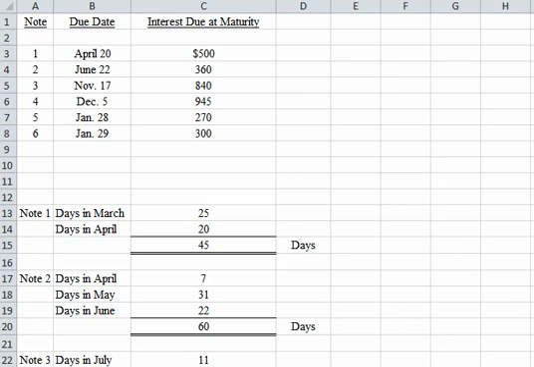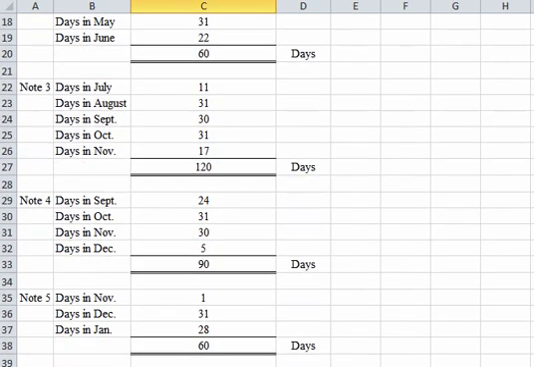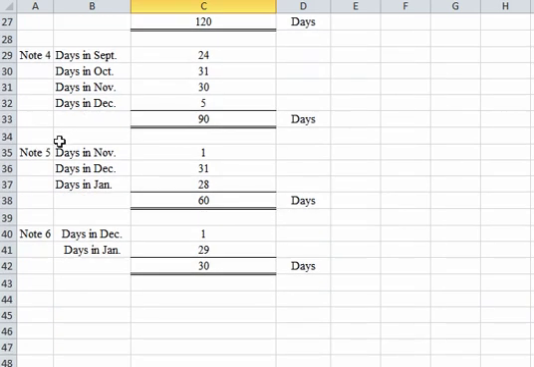Well, here's the deal with notes 5 and 6. Remember, we mentioned earlier that they began in one fiscal year and carried over to another. So note 5, for instance, we earned 1 day of interest on note 5 in November, 31 days of interest on note 5 in December. So in the first year, we earned 32 days of interest on note 5.